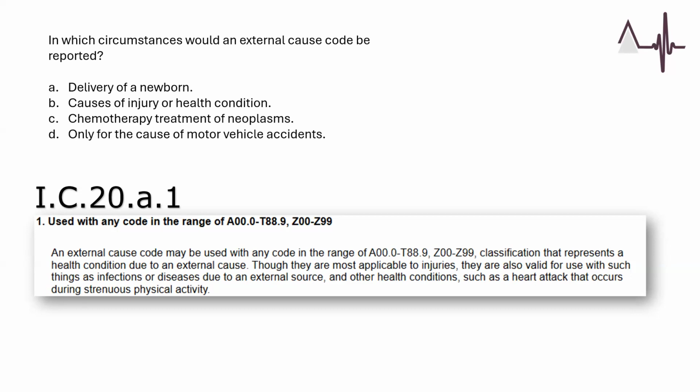For example, if you were bitten by something and got an infection from it, think rabies from a raccoon. And also other health conditions, such as maybe you had a heart attack while you were playing basketball or something of that nature. So in which circumstances would an external cause code be reported? The answer is B, causes of injuries or health conditions.